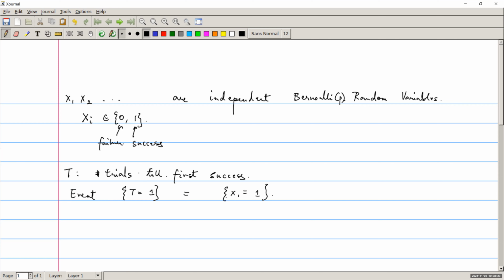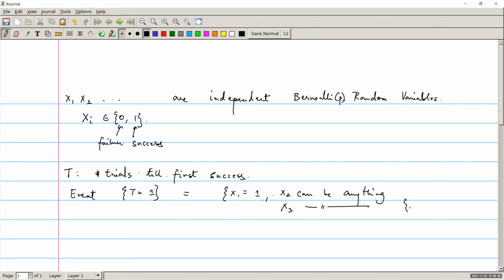It's cleaner to think of it this way: X1 equals 1, X2 can be anything, X3 can be anything, and so on.